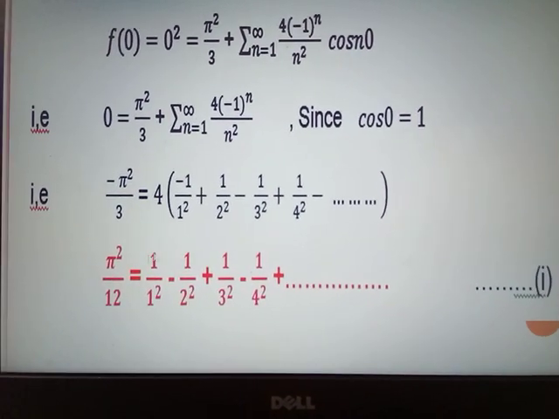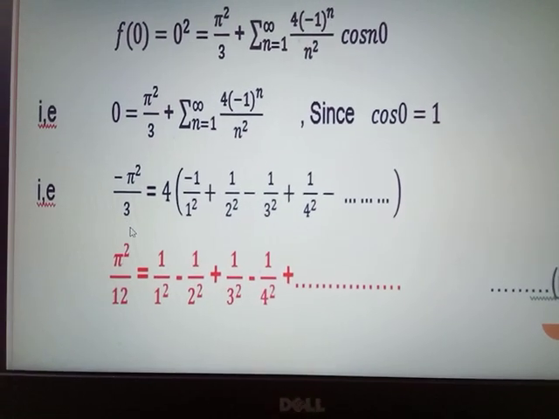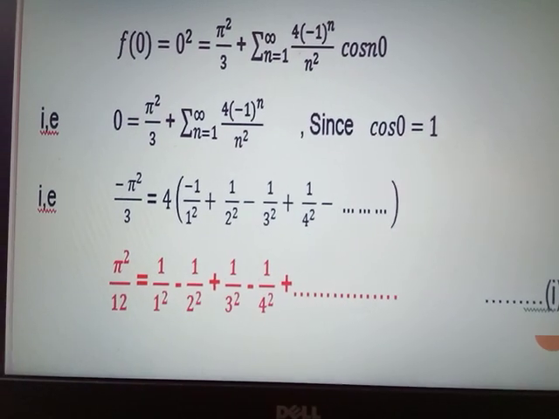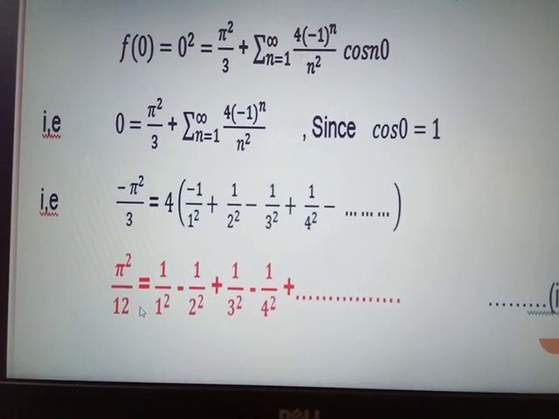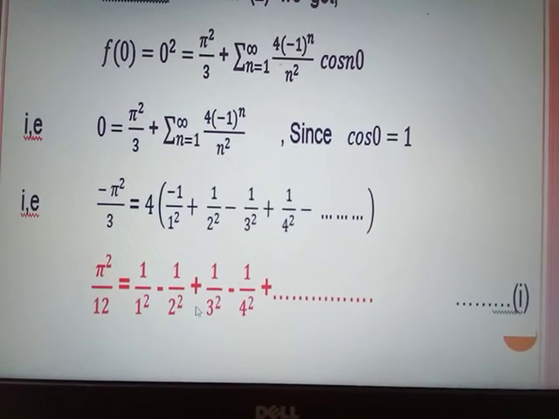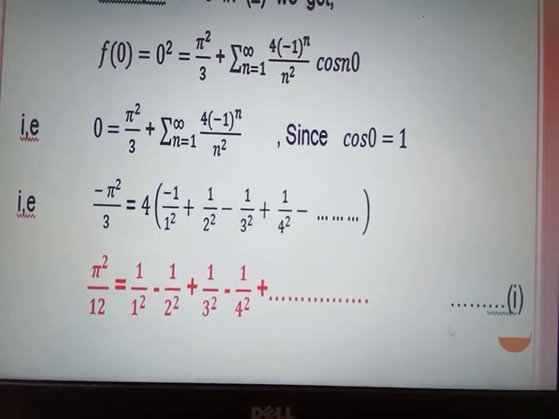Therefore, take this 4 to this side and take the negative sign on both sides, we get pi square by 12 is equal to 1 by 1 square minus 1 by 2 square plus 1 by 3 square minus 1 by 4 square plus and so on.